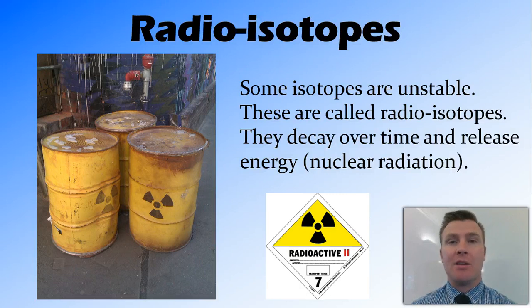So it becomes a little bit unstable and can fall apart. When this nucleus falls apart, it releases energy, and this is in the form of nuclear radiation. And we'll look in another video about the different forms of nuclear radiation.